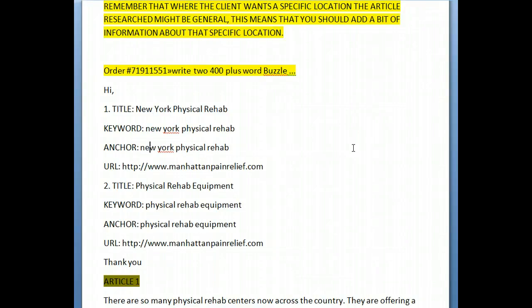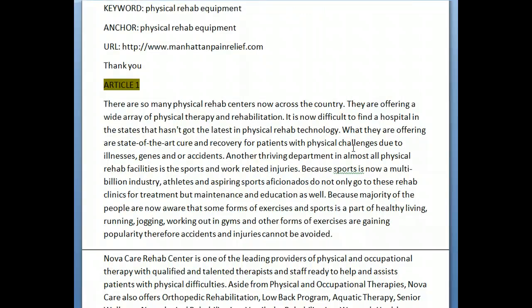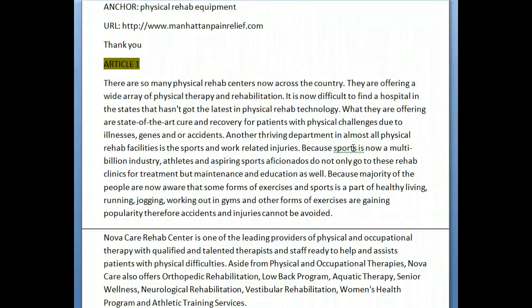Now, if you are going to write an article on New York Physical Rehab, it's very likely that you won't find any documentation or research that specifically speaks to rehabilitation in the state of New York or the city of New York. Either way, it's going to be pretty difficult for the researcher to find something that will work. So what the researcher will do is provide you with general information, right?